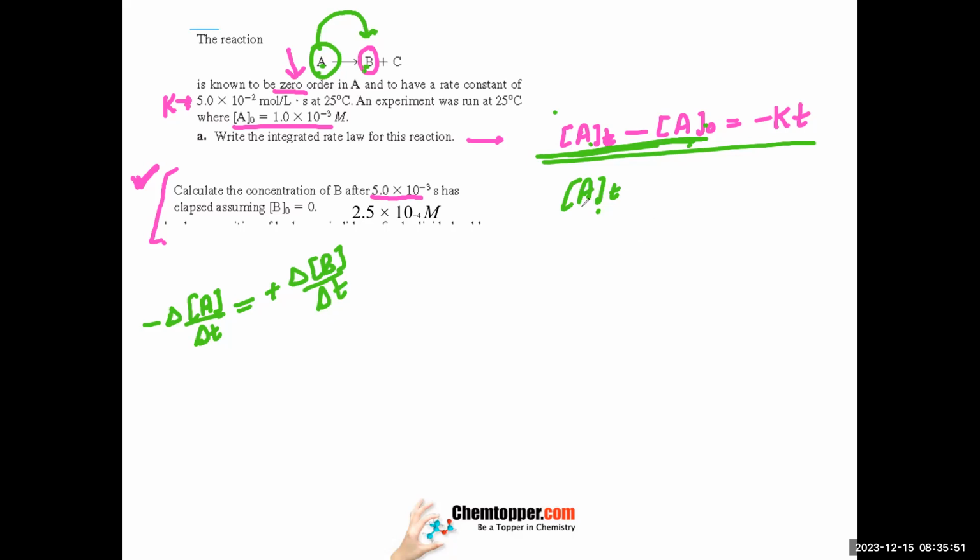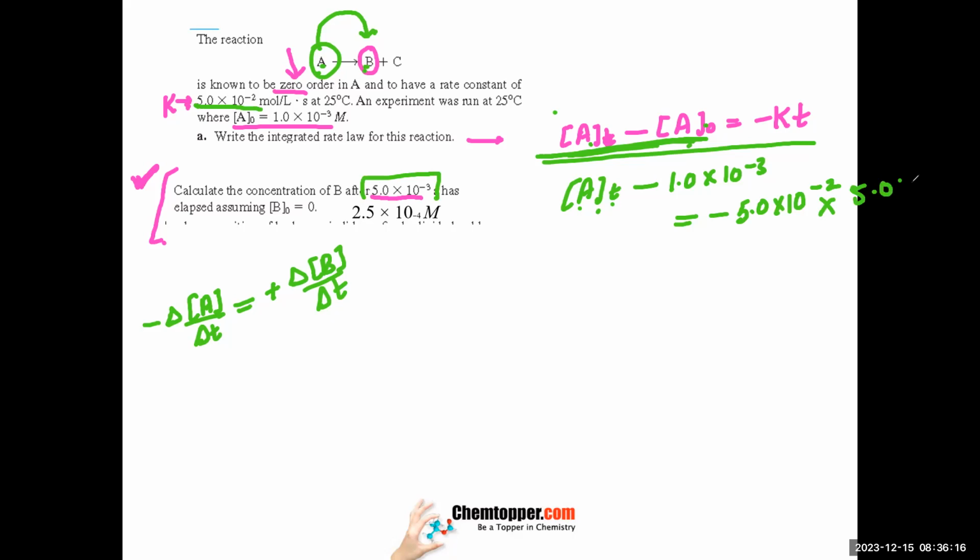So A concentration at time t is minus this value they have given me, 1.0 times 10 raised to the power minus 3, is equal to k they have given me. K is how much? This value, right? 5.0 times 10 raised to the power minus 2. Time they have given me, in seconds.